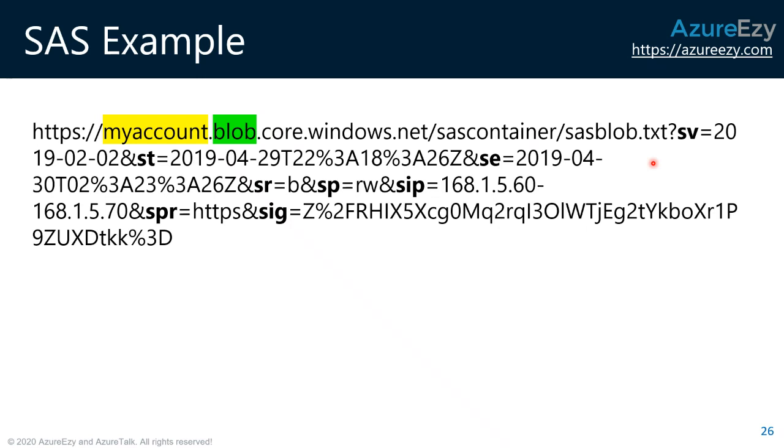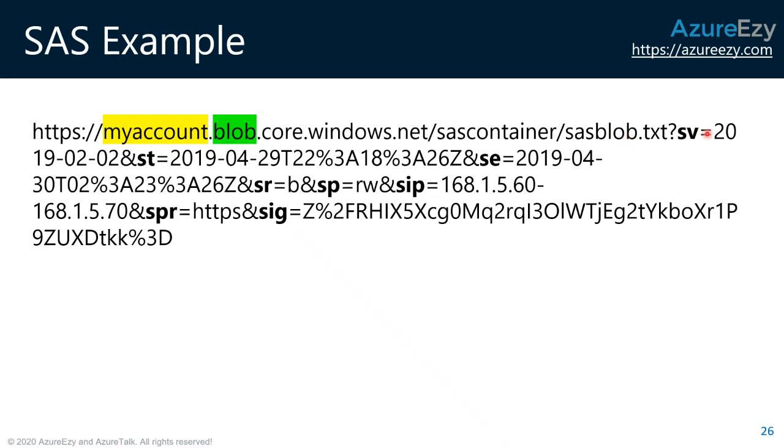Now try to understand the other parameters that we have here. What is there in this entire syntax? It's HTTPS, my storage account name, then blob.core.windows.net. If it is a blob, then my container name, then within the container the file name or object name.